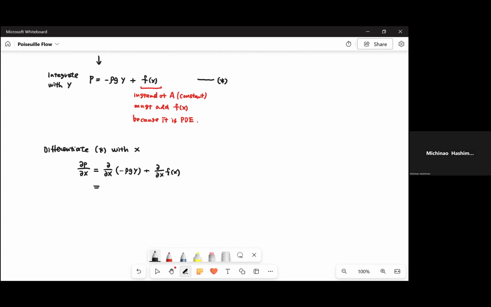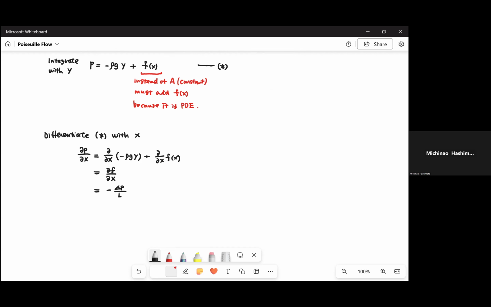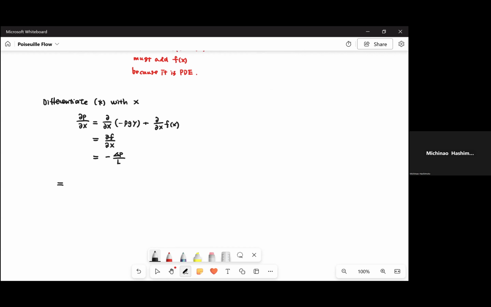So only the second part remains, and this part is df/dx. But we know this value dP/dx equals minus delta P over L. This is great.